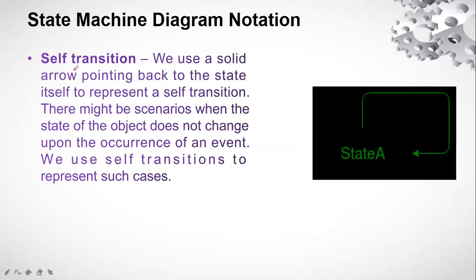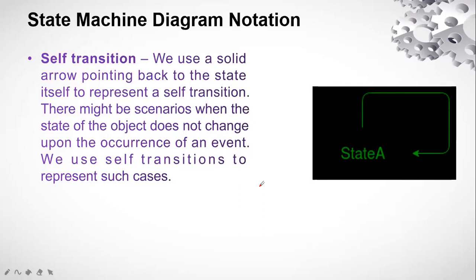We use a solid arrow pointing back to the state itself to represent a self transition. There might be scenarios when the state of the object does not change upon the occurrence of an event. We use self transitions to represent these cases. In this example, when we go to an ATM machine to check our balance, or withdraw some cash from our bank account, the bank needs to check the account.